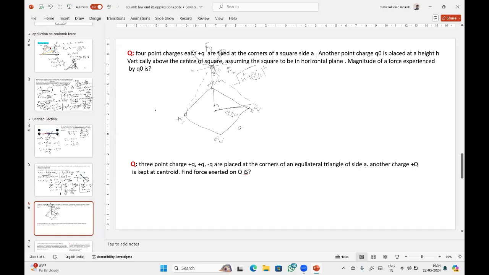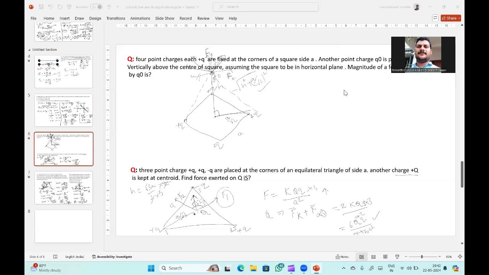So now Fx will come, Fy will come. The Fx component will be 0, only the Fy components are added. Therefore, there are 4 Fys.